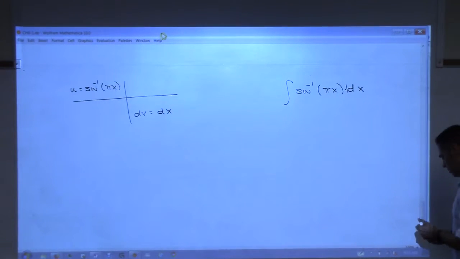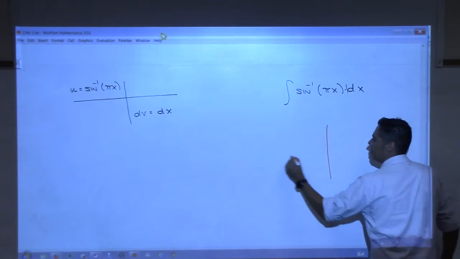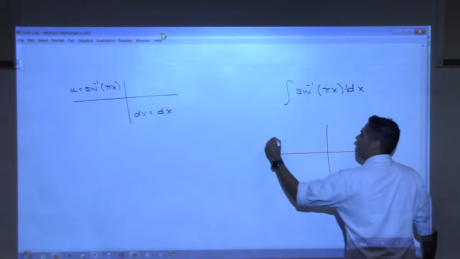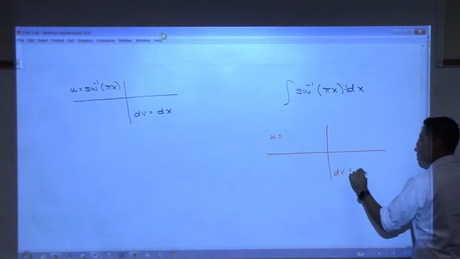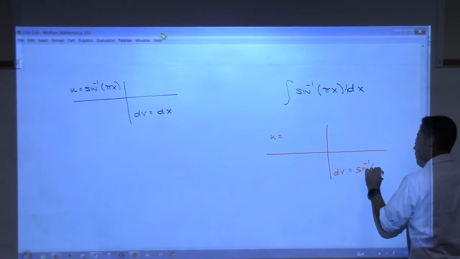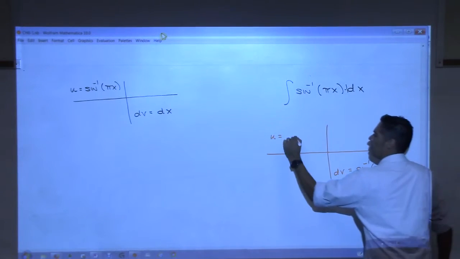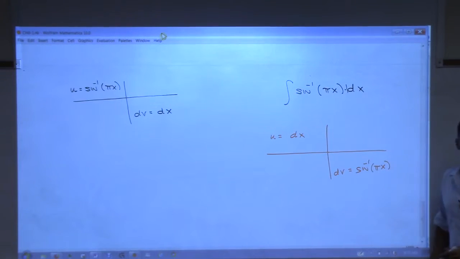Now let me show you something before we continue. What if you came in here and did your u and your dv the other way? Your only other option would have been to do this here and that there. Do you see why this is just bad?